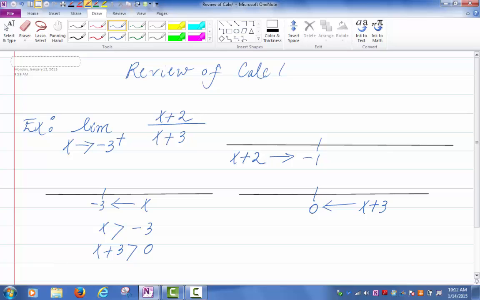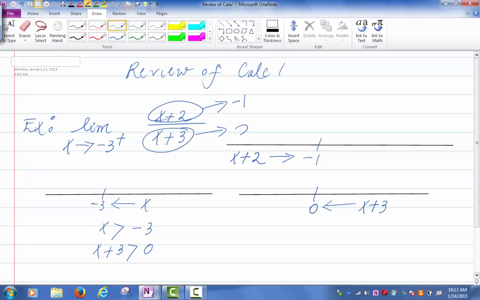Is everybody okay? So why is that necessary? Well, what we are saying is that the numerator is getting closer and closer to -1. So when x is very close to -3, on the right side of -3, the numerator is a negative number, right? What's the denominator?